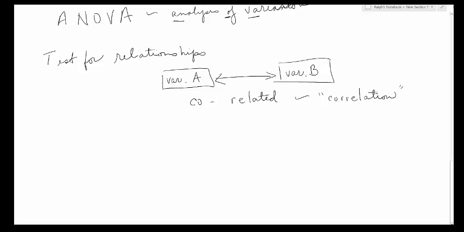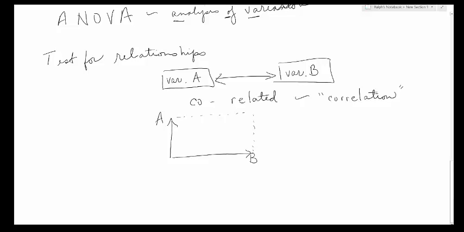So the way you might think of it is this way. Here is this universe determined by the variability of variable A, and here is this universe determined by the total variability of variable B. So we have the total potential variability between the bounds of both variables.